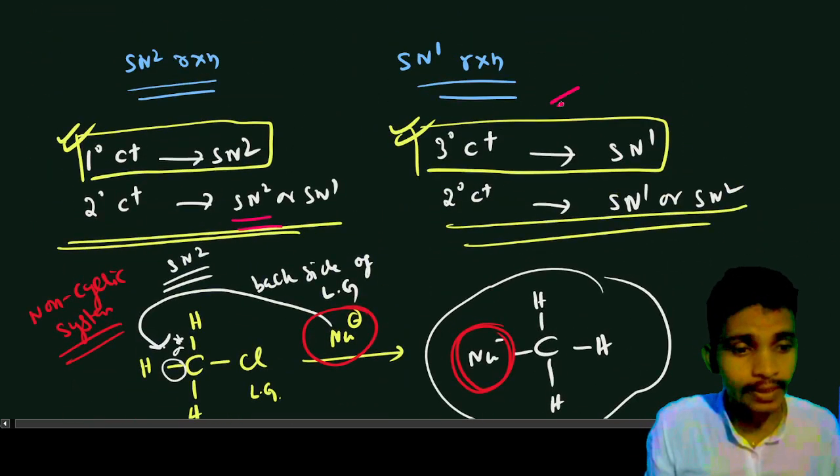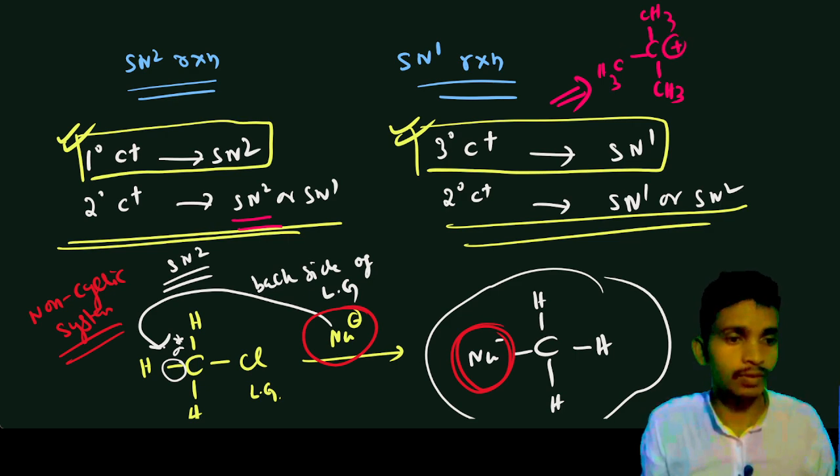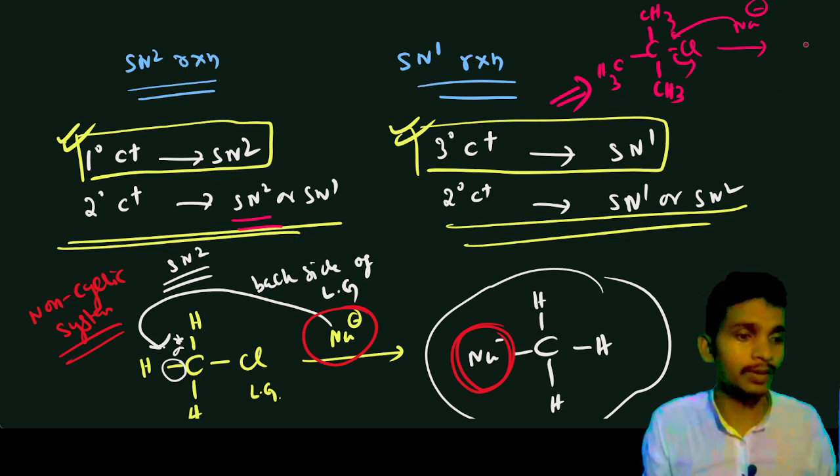And in SN1 reactions, let's say this is the 3 degree carbocation. Let's say the leaving group is this, and the nucleophile will attack the same side as the leaving group. It means it is going to be like this.